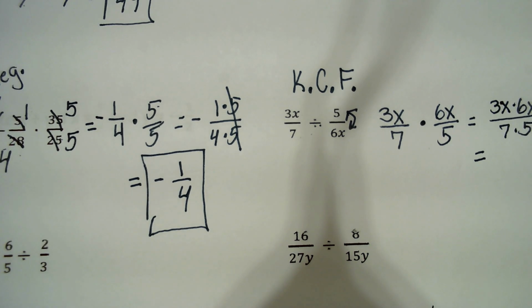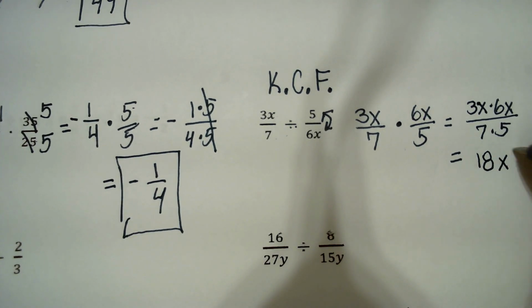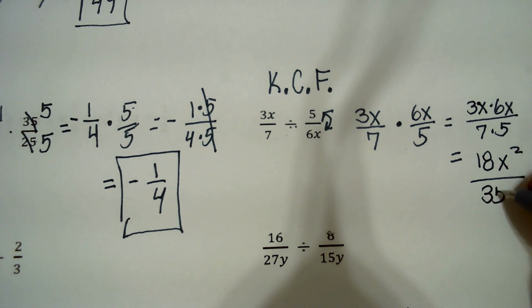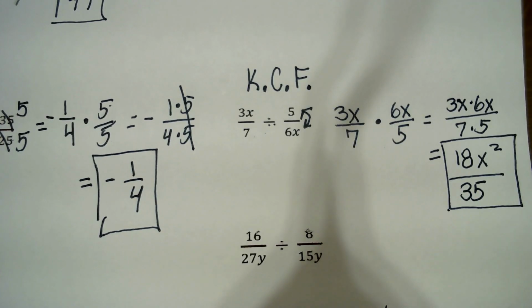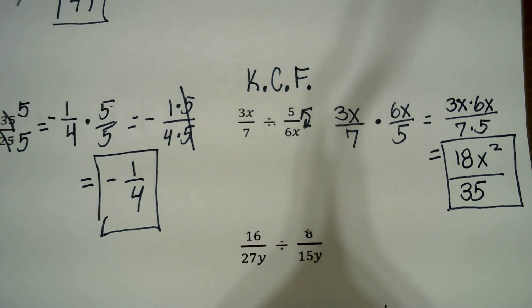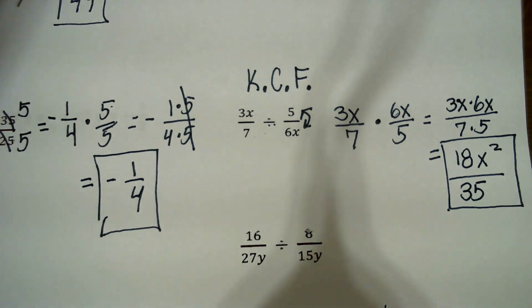Well, 3 times 6 is 18, and x times x is x squared, and 7 times 5 is 35. So my final answer is 18x squared over 35. All right. It would have been nice if we could have simplified a diagonal, but sometimes we can't.